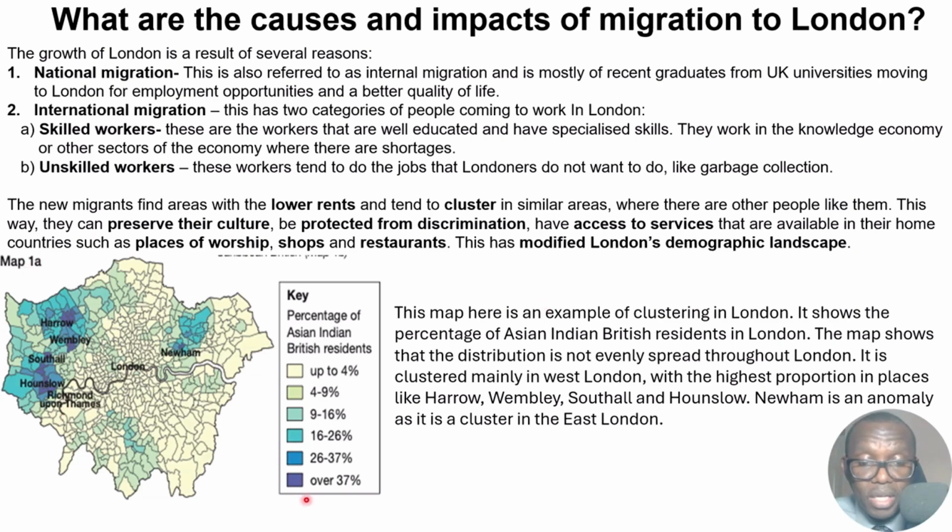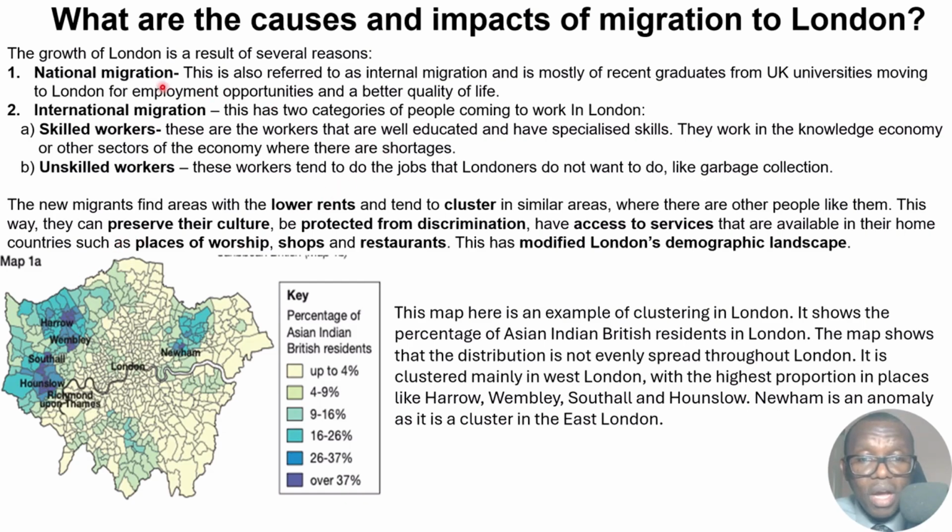You can see that the places that have over 37% of people being Asian, Indian, British residents are concentrated here in the western part of London. And then there's also an anomaly here where you have some in Newham, which is in the east of London. Okay, so this clustering has occurred in Harrow, Wembley, Southall, and Hounslow, and that is in the west of London.